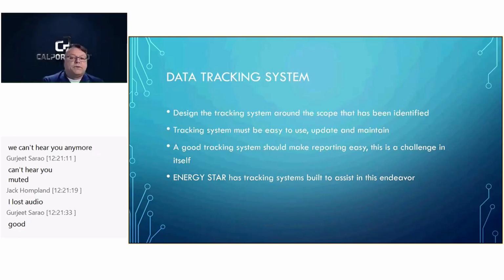What I was saying was, obviously, we need to assess ourselves. We have to have this data tracking system, and in the guidelines, it has a very specific comment that I really enjoy: the tracking system must be easy to use, update, and maintain. When we first started this, we really had nothing but a spreadsheet.